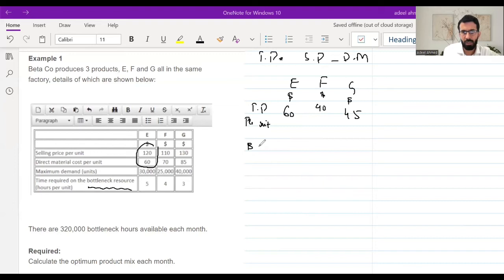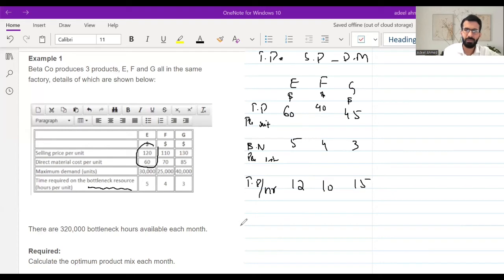Looking at the bottleneck time required per unit, E, F, and G would take this much time respectively, which allows me to calculate throughput per bottleneck resource, or per factory hour or per machine hour. So in the first case, we will have a throughput per hour of 12, then 10, and then 15.